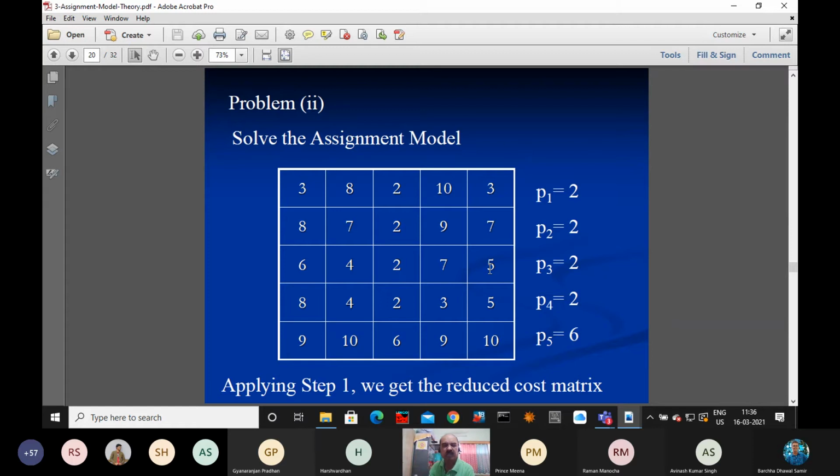Only the minimum value we are reducing. And when we are noting down the minimum values, the sum of all these 5 elements like P1, P2, P3, P4, P5, we must note down how much we have reduced. So you have to consider it as a minimum value. And if something you have subtracted in the column also, that also should be noted down.